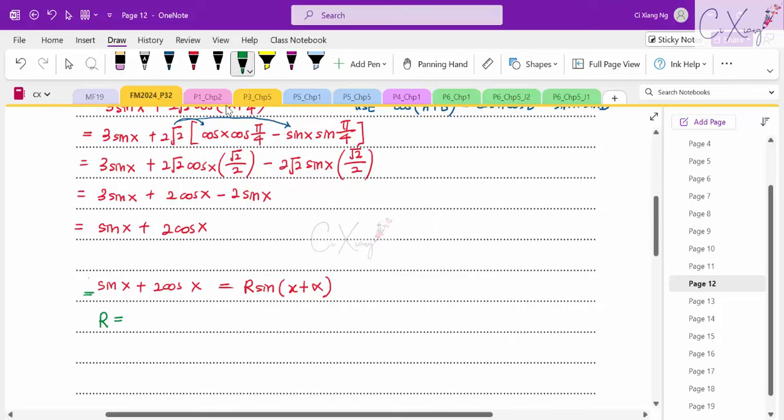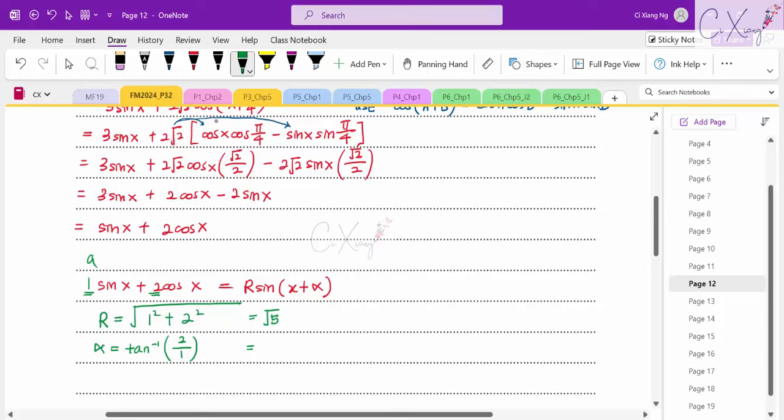So the 1 here is the a, the b here is 2. So that's why you're having square root 5. And we want to keep it in surd form, so we just keep it as square root 5. And then for the alpha, it is tan inverse of b over a, so it will be tan inverse of 2 over 1.